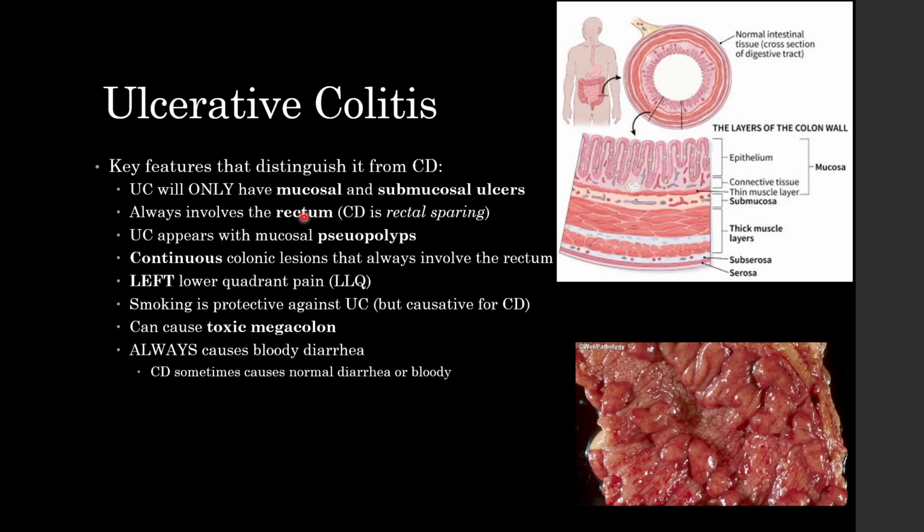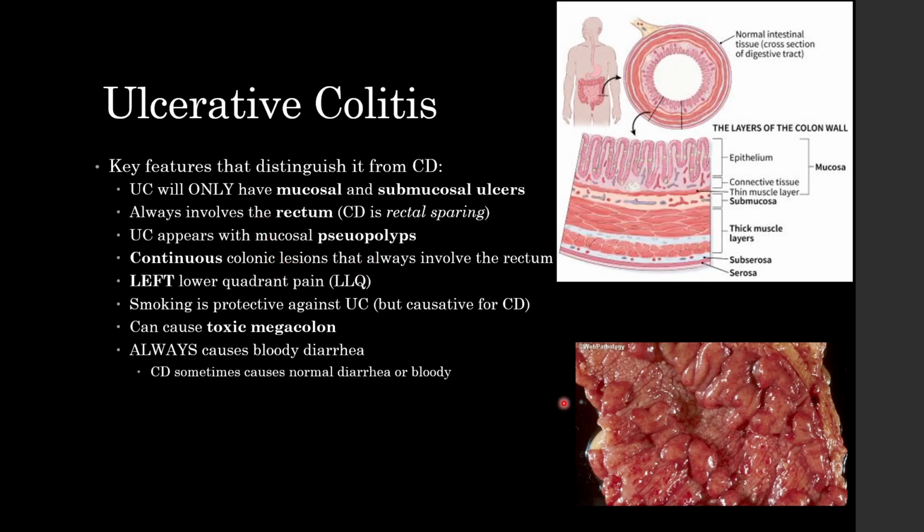It almost always involves the rectum. Crohn's disease is rectal sparing, so this is a big one. If it's involving the rectum, it's probably ulcerative colitis. If the rectum is spared, it is possibly Crohn's disease. Also, down here are pseudopolyps. These look like polyps, but they're not. They're the pro-inflammatory state that the colon is experiencing.